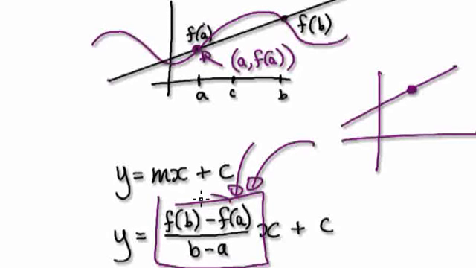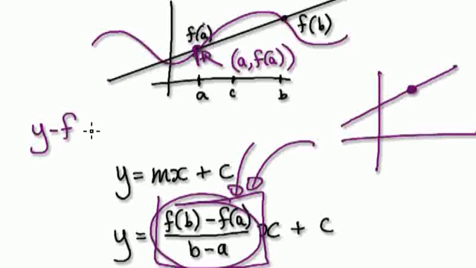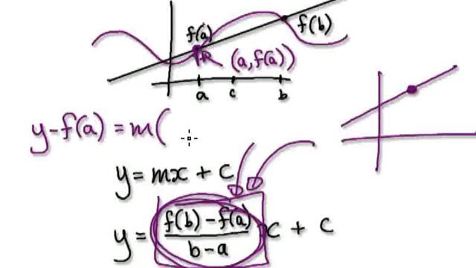So we know the gradient, which happens to be this. So the equation for that straight line will be y take away the up and down of that particular point, which will be f of a, equals the gradient, which is this thing here. Let's just call it m for the time being, and then it will be x take away the across of that particular point, which will be a.